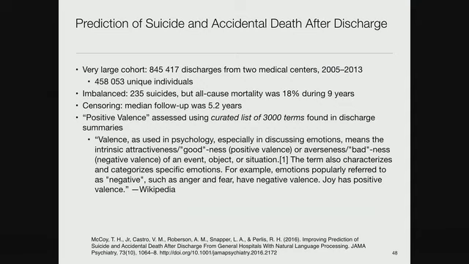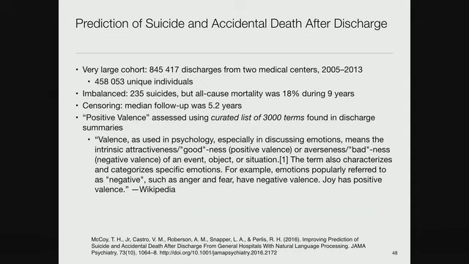So the censoring problems that David talked about are very much present in this because you lose track of people. It's a highly imbalanced data set because out of the 845,000 patients, only 235 committed suicide, which is, of course, probably a good thing from a societal point of view, but makes the data analysis hard.